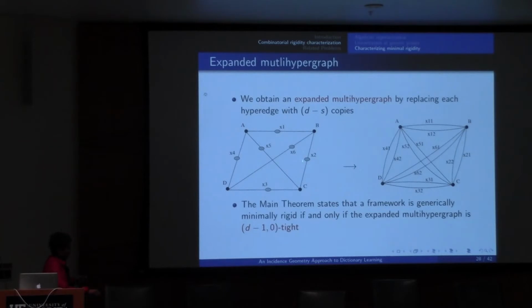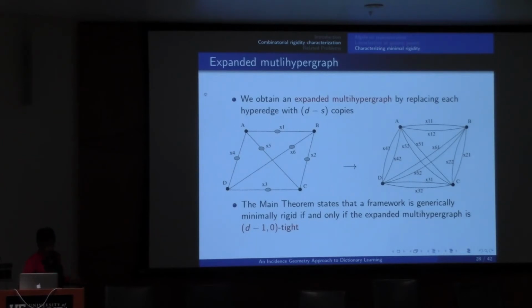This is just a graph, but in general this could be a hypergraph because each one of these pins could depend on more than 2 dictionary vectors. Sorry, each of the data points could depend on more than 2 dictionary vectors. So what is drawn as an edge here could generally be a hyperedge. But we produce a multi-hypergraph here, which weights each of the hyperedges depending on the size of the hyperedge in some sense.